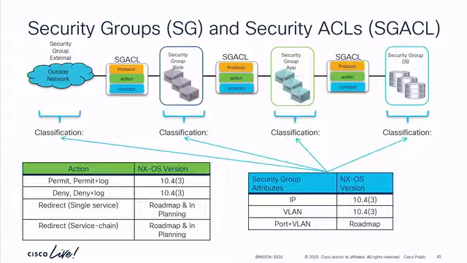So based on either IP, VLAN, or port in VLAN shortly, I'm going to move these devices into the groupings. And then upon moving them into the groupings, I then associate a set of policies, or what we know as SGACLs. And this is how I'm going to write all of the controls into the respective switching infrastructure that governs how connectivity happens.